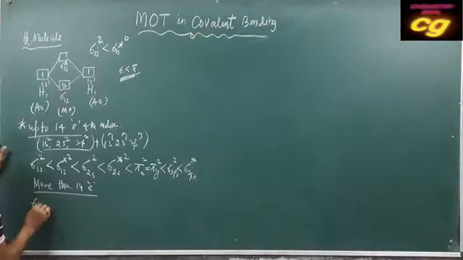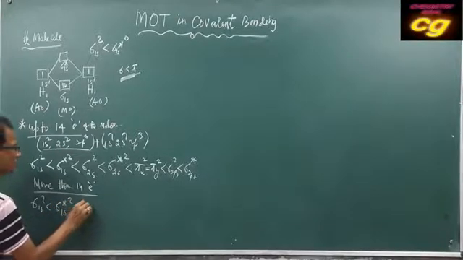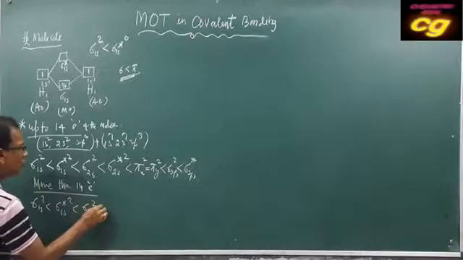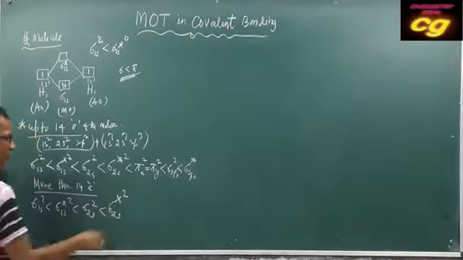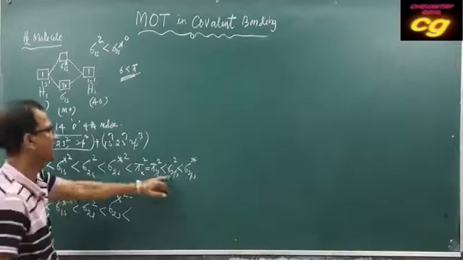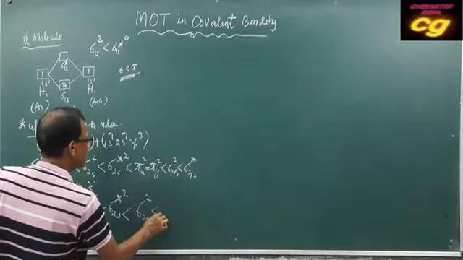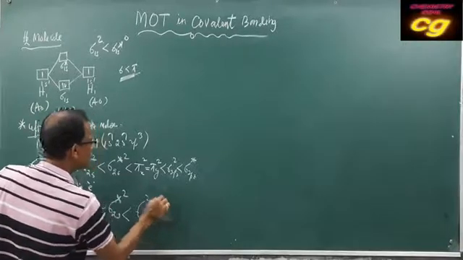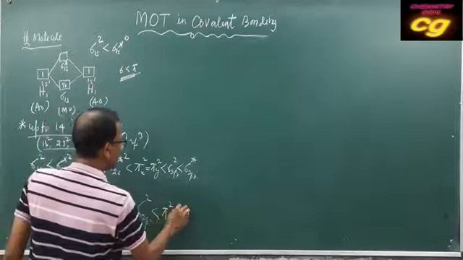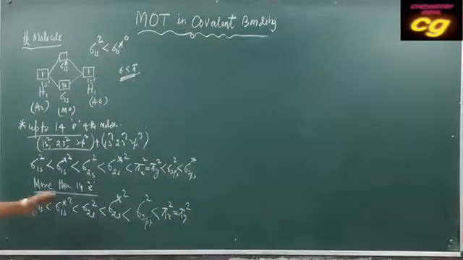That is sigma 1s2, sigma 1s star 2, then sigma 2s2, then sigma 2s star 2, then as per the order sigma 2pz2, then pi x 2, then pi y 2, for more than 14.